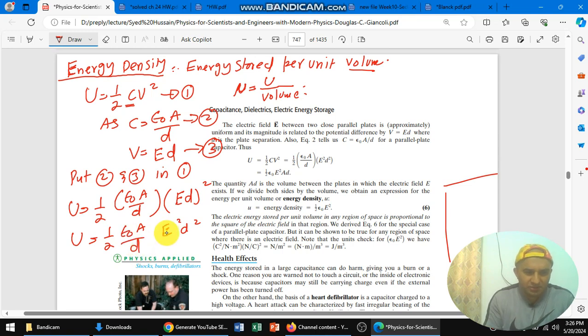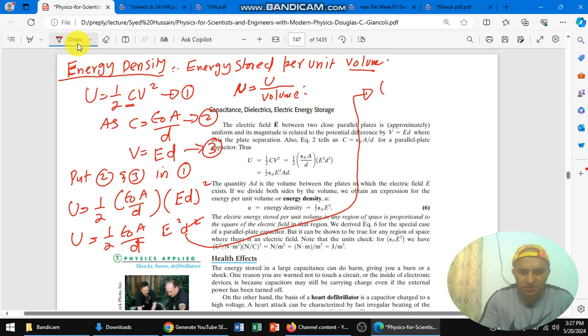So this D can be cancelled, and finally we are left with energy U equal to 1 over 2 epsilon naught E square into AD.